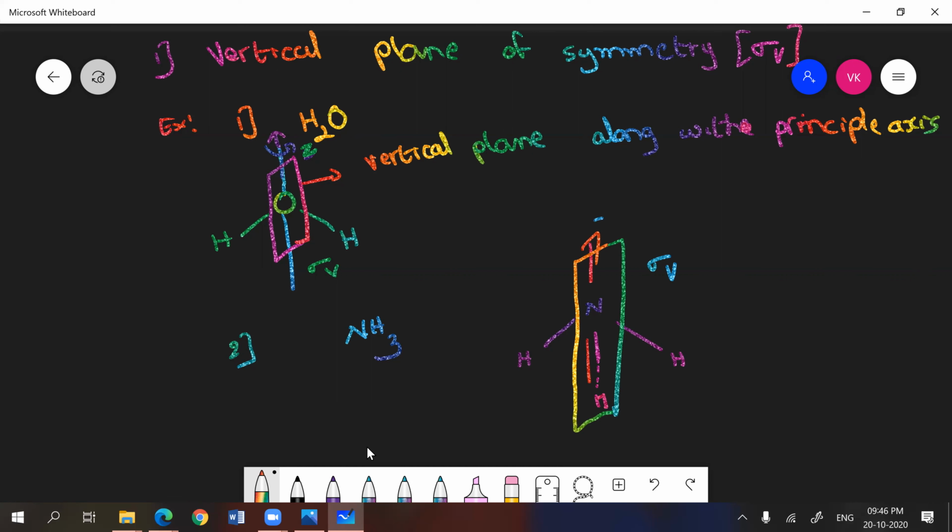So you see it is passing through the principal axis, that is the C3 axis, so that's why it also has a vertical plane. Like that, you can discuss many molecules where they have a vertical plane along with the Z axis, the principal axis.